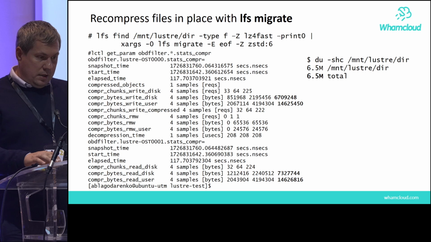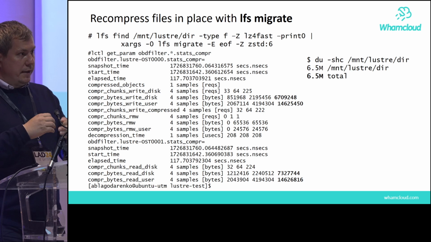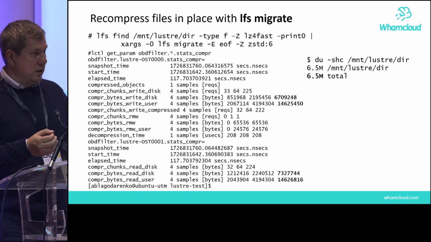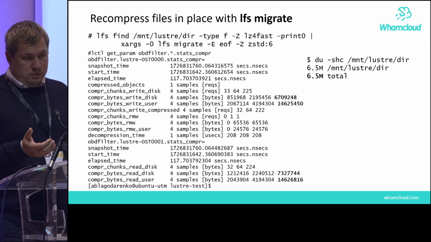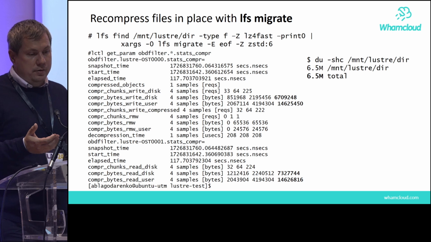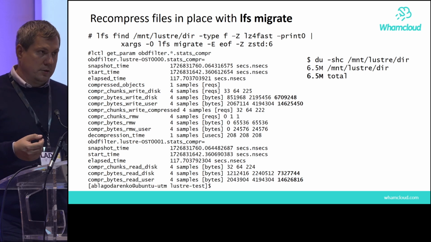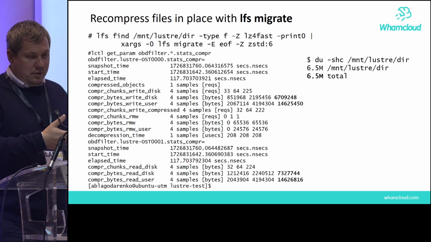But if after this moment we want to compress even better, we can just use lfs migrate to recompress this file in place, using another algorithm. Here is ZSTD with level 6, and here we compressed it to 6 megabytes from 7. Some free time of the client can be used for such a procedure.